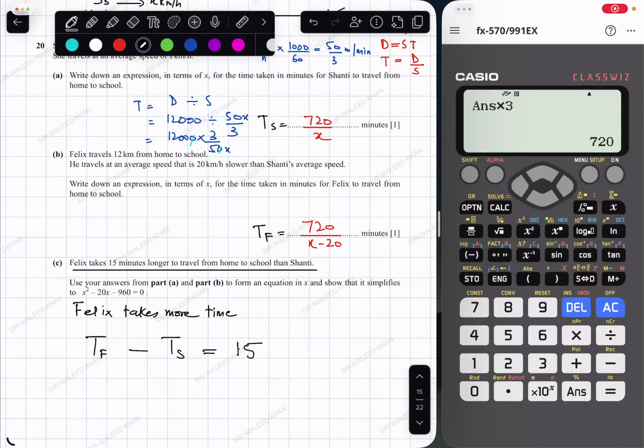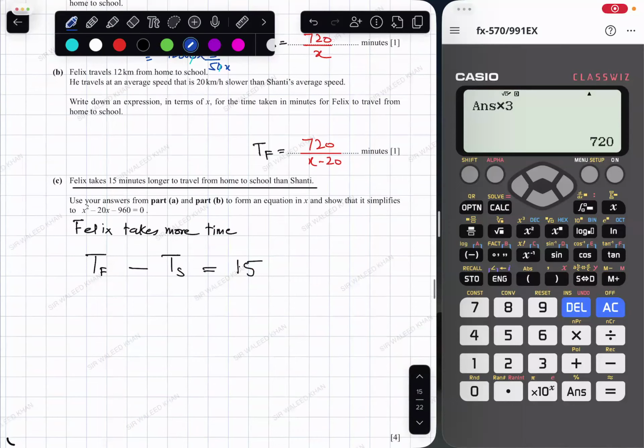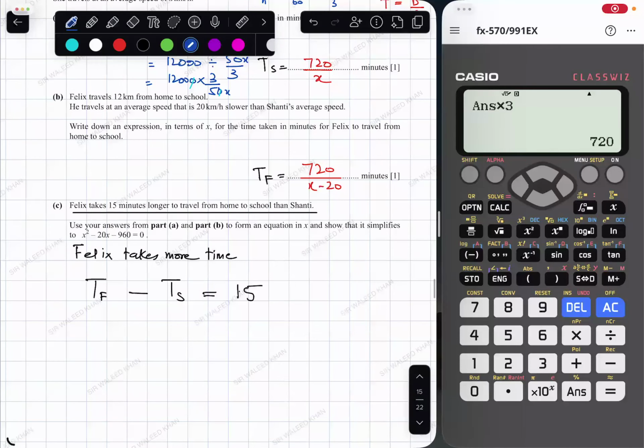You can do the same version: if somebody says the time of Felix is 15 plus the time of Shanti, that is also fine. That's just a rearranged version of this equation. So plugging in the values, this should be 720 over x minus 20, minus 720 over x, is equal to 15.